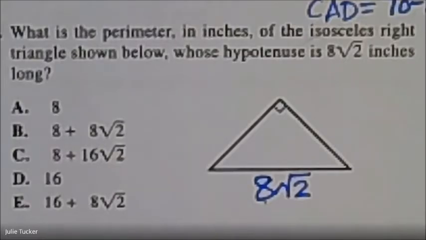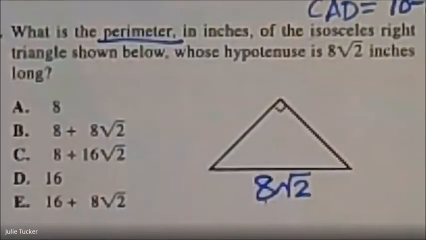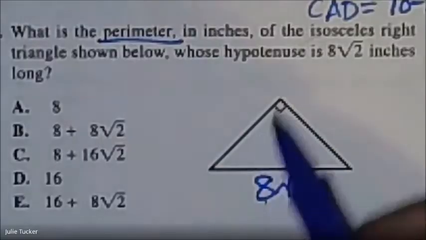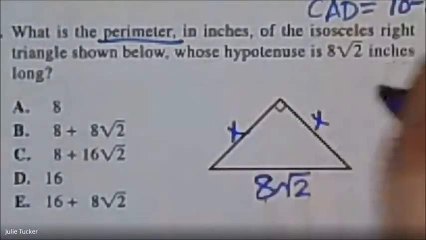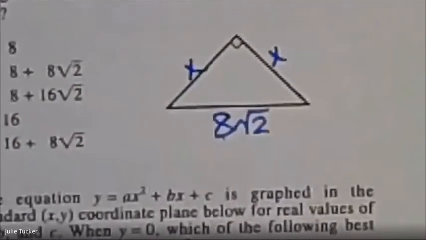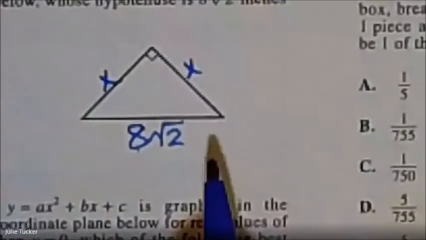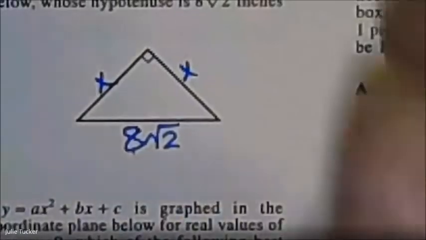They want the whole perimeter, right? So that means we have to add up all the sides, right? We don't know this side and we don't know that side, but we know that they're the same. So I'm going to put x on both sides. So I can make an equation in Pythagorean theorem for this first, because I don't know one of the sides. I have to solve it.